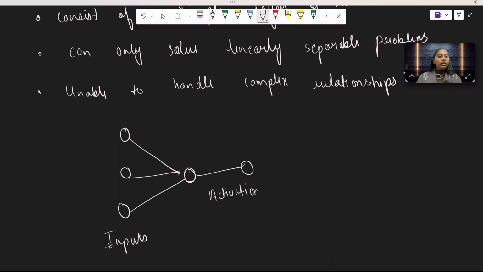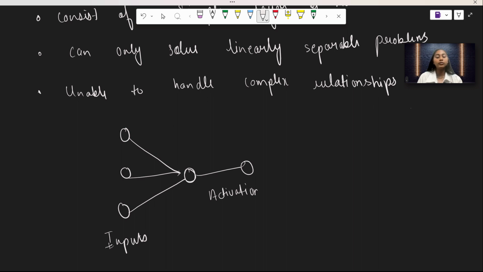It's that simple a model. We are just taking the inputs, applying the weights, adding the activation function, and getting the result. There is no hidden layer.